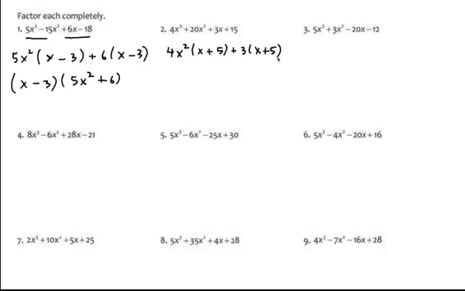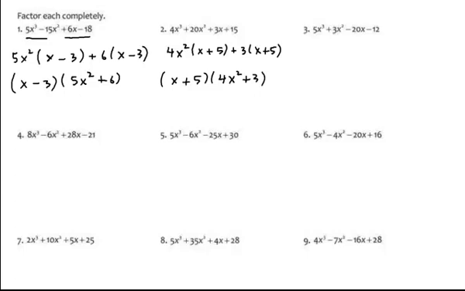See how the parentheses are the same? That's very important. Take that parentheses, put it in front, put the 4x squared that you factored out and the 3 that you factored out in a separate parentheses. Those parentheses can be turned around. It's just important that you have both of those.